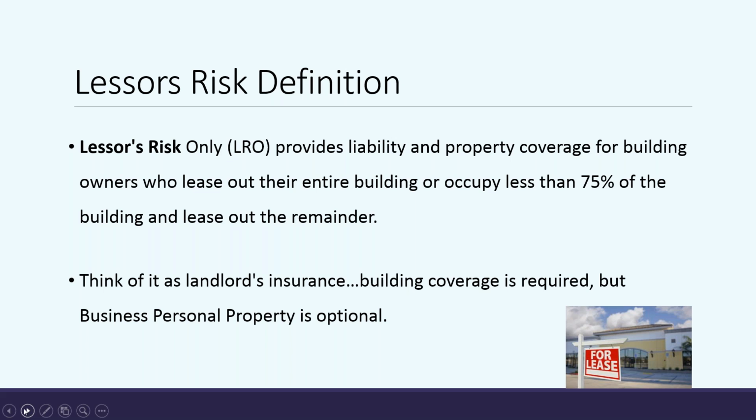In that case, the tenant would be responsible for not only the liability for their company, but also covering the property for the building. It's not something you see all the time, but it is definitely something out there, and something that we can consider as well.